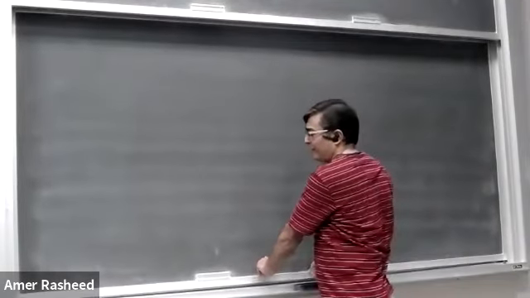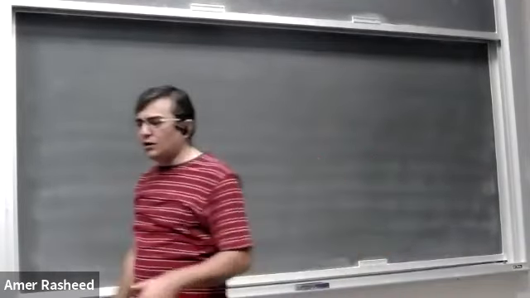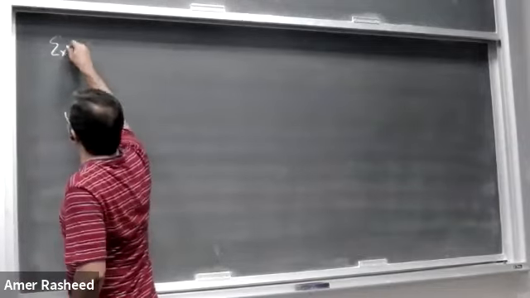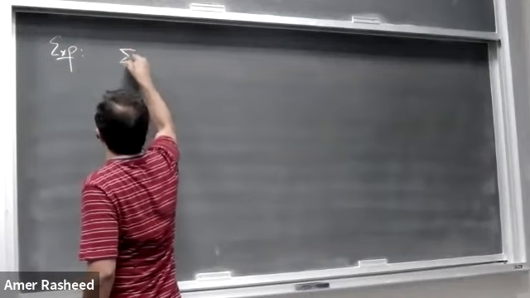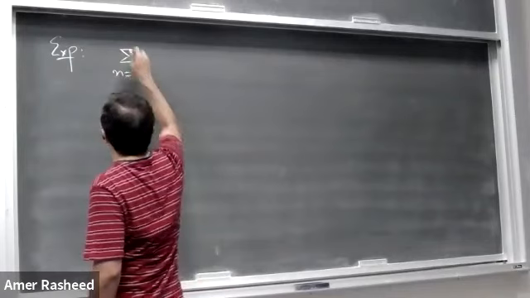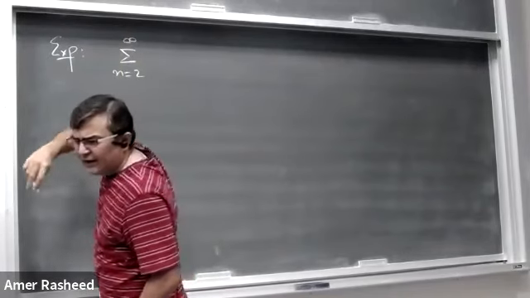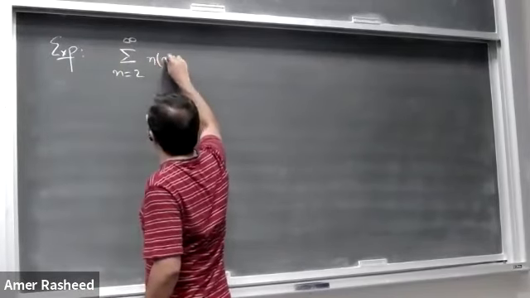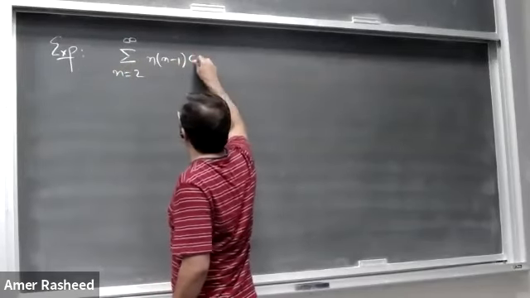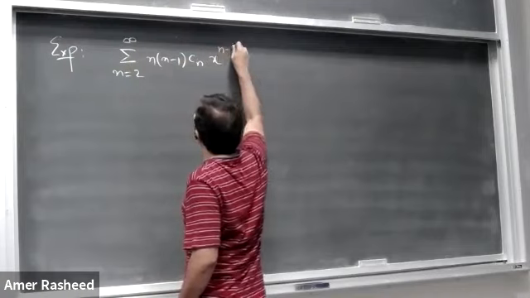How do we handle it when at least one thing, or both things, are different in the two power series? For example, suppose we have two power series. The first is summation n from 2 to infinity of n times (n minus 1) times cn x raised to power n minus 2.